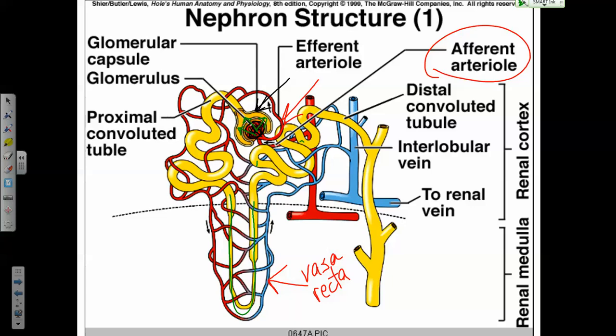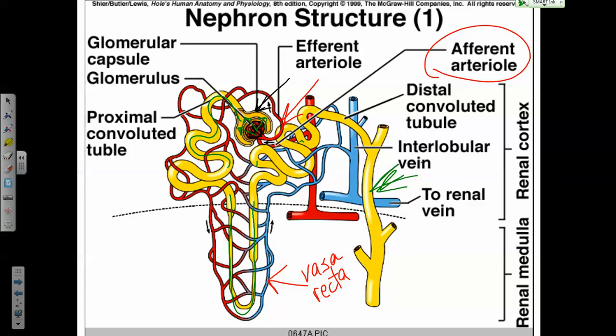Large molecules like large proteins don't move, but everything else can. So basically, this filtrate that is now in the Bowman's capsule is the same composition as interstitial fluid or lymph, because it's everything in the blood plasma except the big proteins, pretty much. Protein content's different. But that filtrate now is going to start moving through the proximal convoluted tubule, loop of Henle, distal tubule, until it gets to, here's a collecting duct right here.